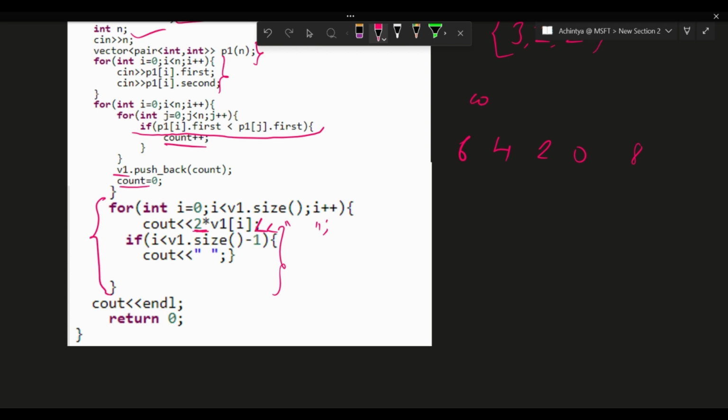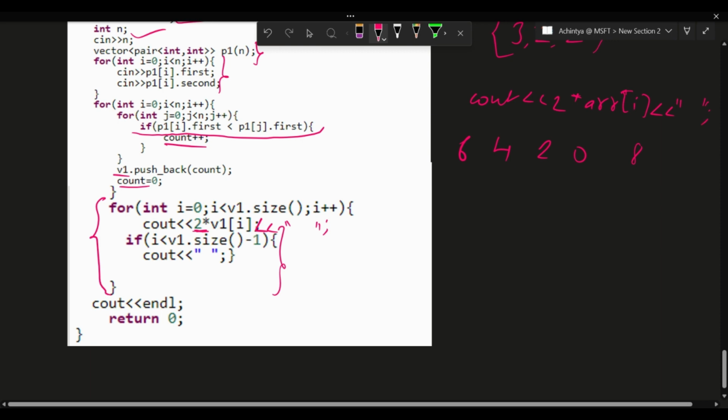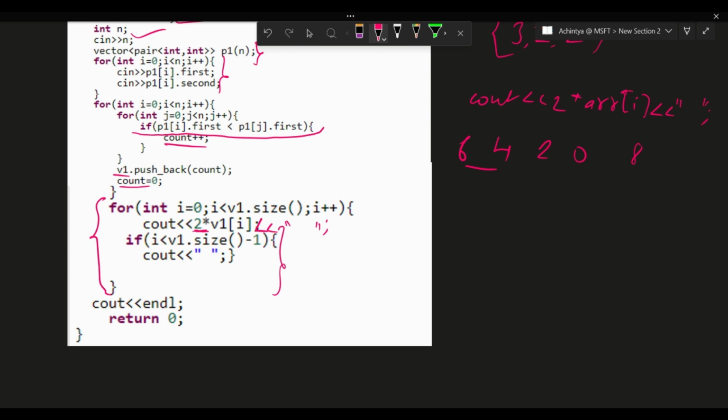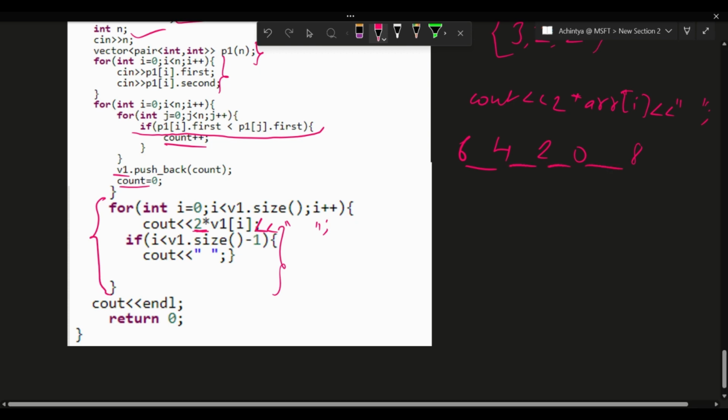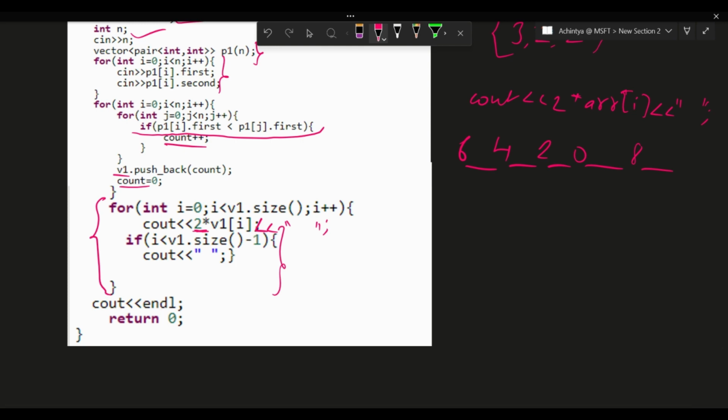If you put cout 2 into arr of i, and after that you put a space, then the space will come after 6, after 4, after 2, after 0, and after 8 also, which we don't need.